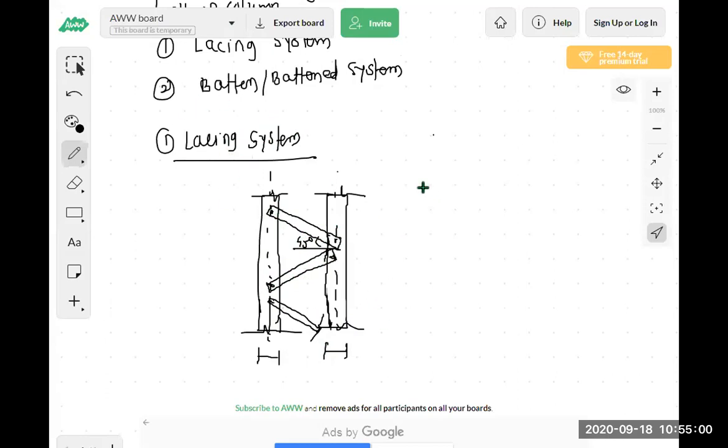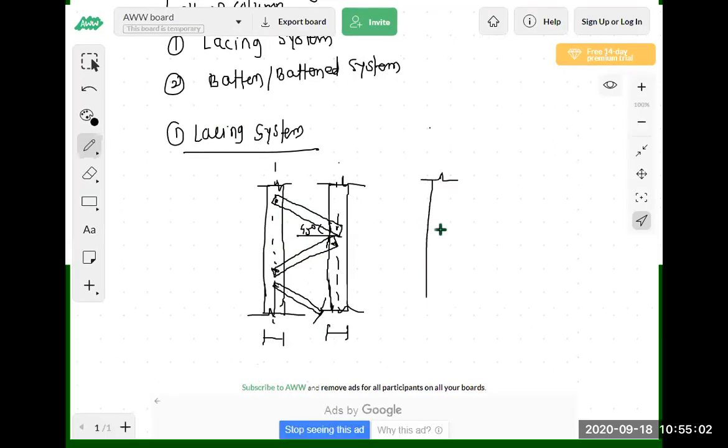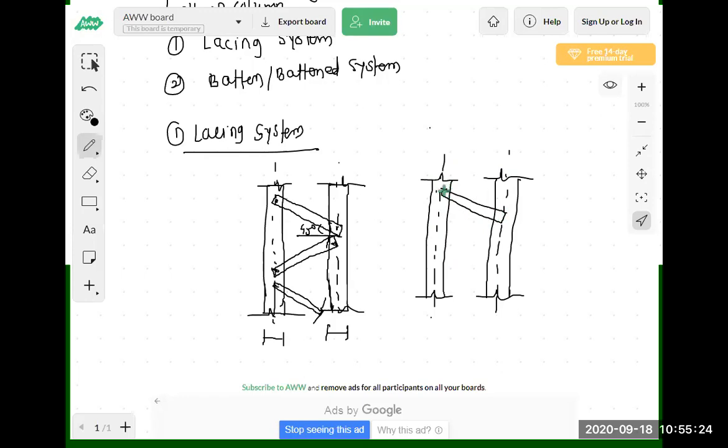So if we draw the sketch like this, please draw the sketches now. And again here. So if we draw this like this, we call it a double lacing.